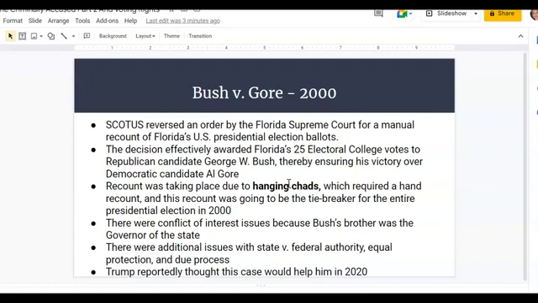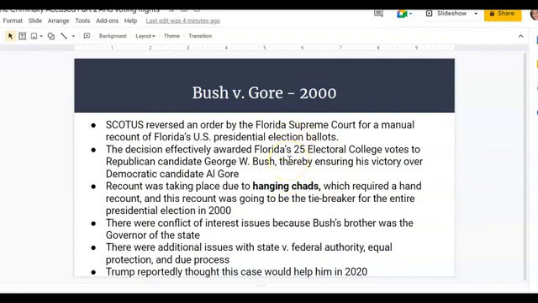The Supreme Court decided, hey, Florida Supreme Court, it's not your call, it's our call in the federal government, and we're going to award all those 25 electoral college votes. It's a bigger state, that's why they have 25 electoral college votes. We're going to put a halt to this whole procedure you're trying to do. There's not enough time to implement any plan you're going to try to have.